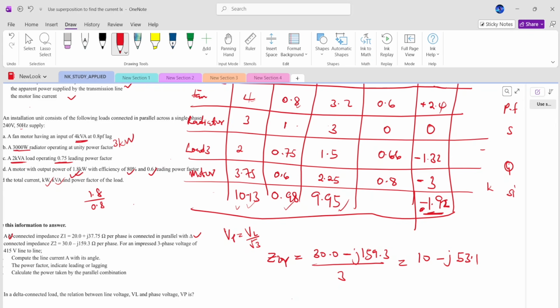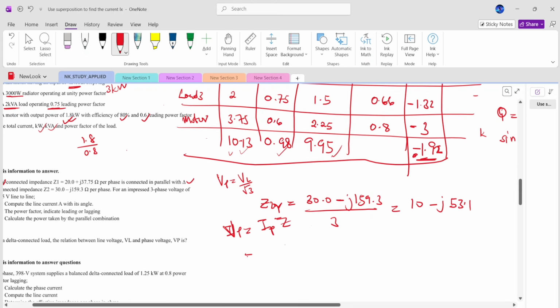And V phase is also equal to I phase times Z, the impedance per phase.